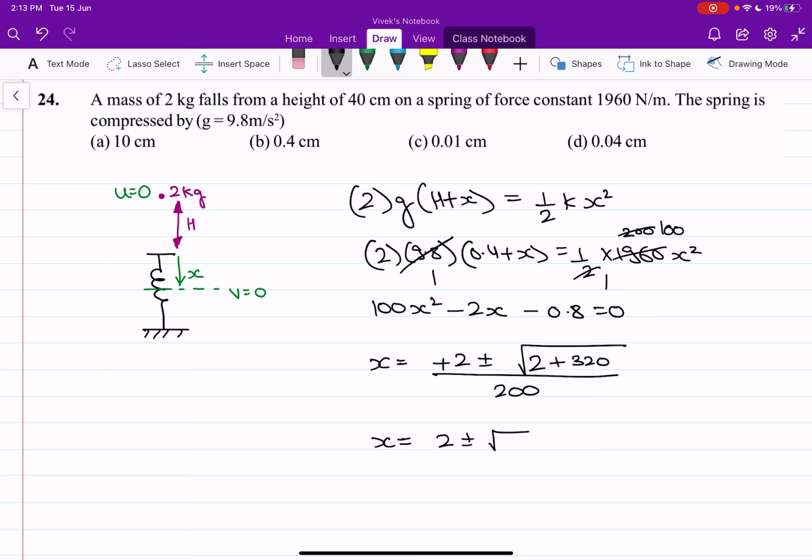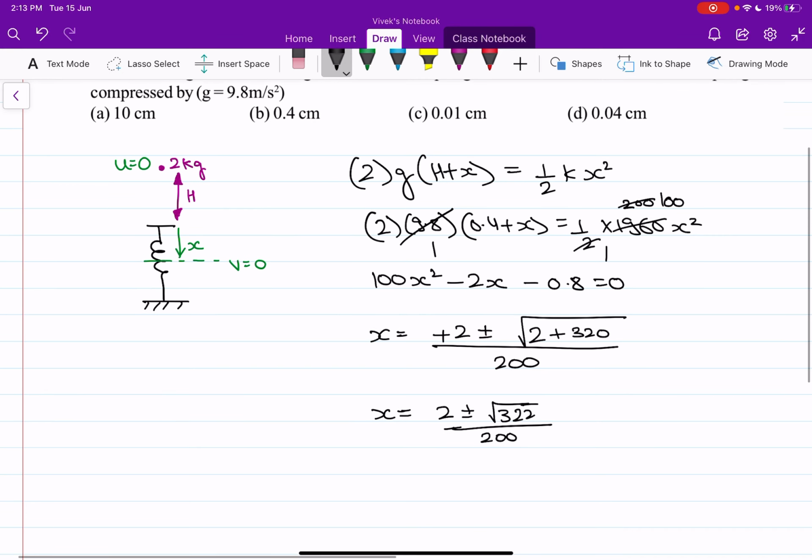So this is root 322 divided by 200. Now obviously we'll not consider the root which is negative, we want x to be positive. So x is equal to 2 plus root 322 divided by 200.